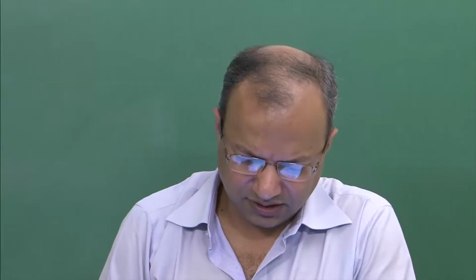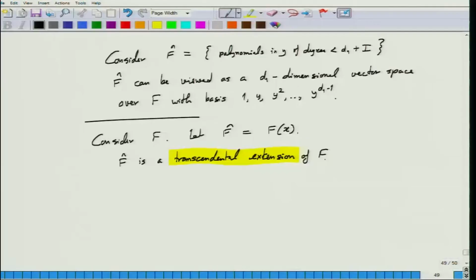Another way of seeing that F hat is not a finite dimensional vector space over F is that it contains polynomials of arbitrarily high degree as elements. So non-algebraic extensions which give an infinite dimensional extension are called transcendental extensions. But this is not of much interest for us, so we will not really worry too much about this.